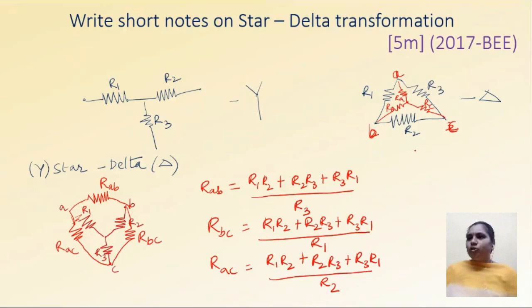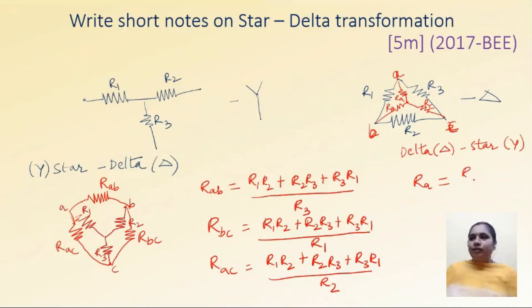Now, to convert a delta into star, RA is equal to, for this point A, what are the two resistors connected? That is R1 and R3.